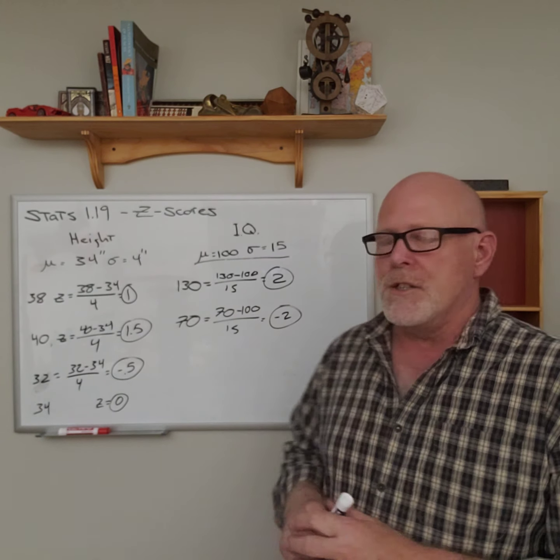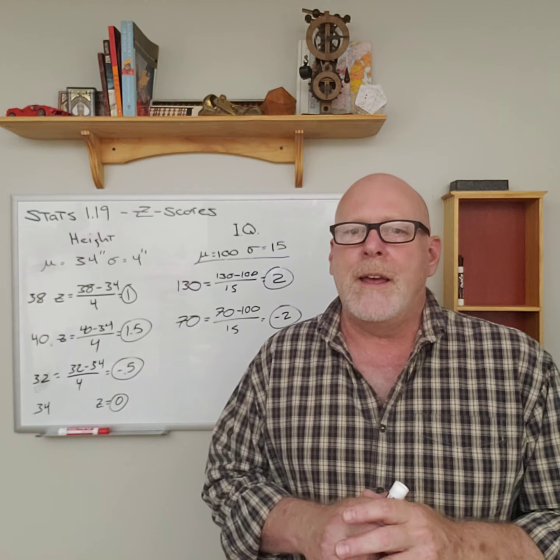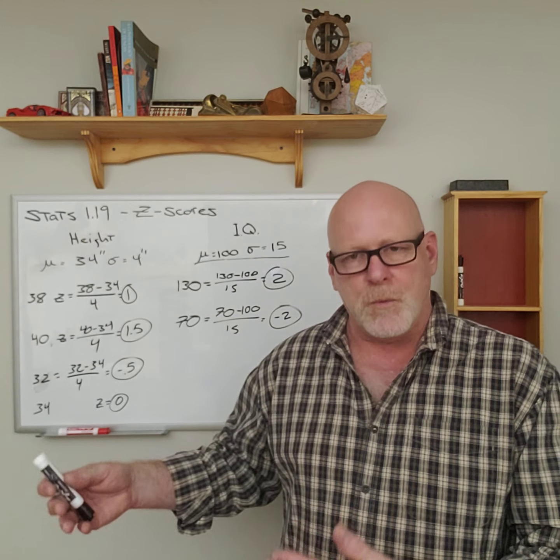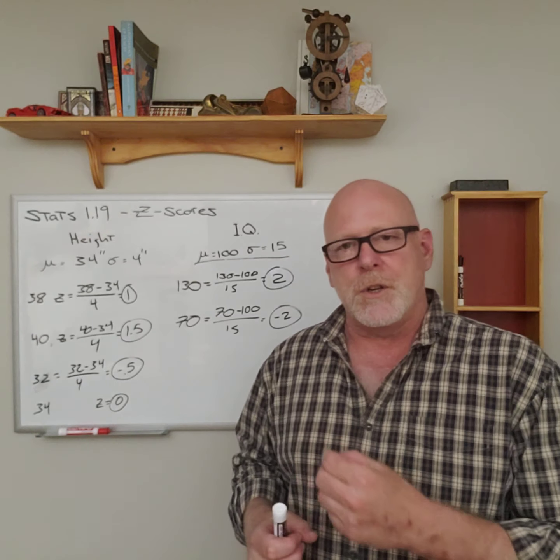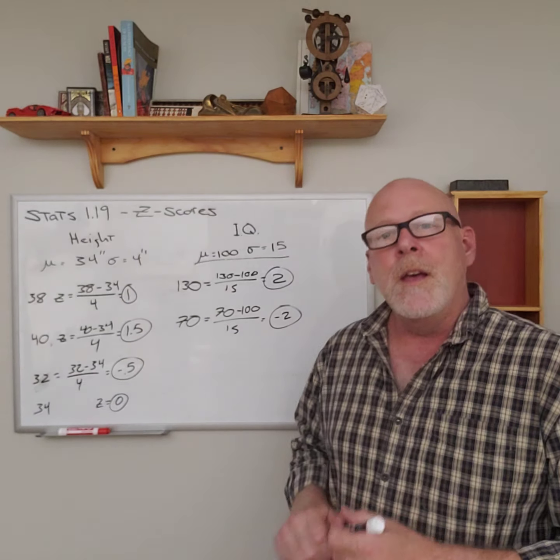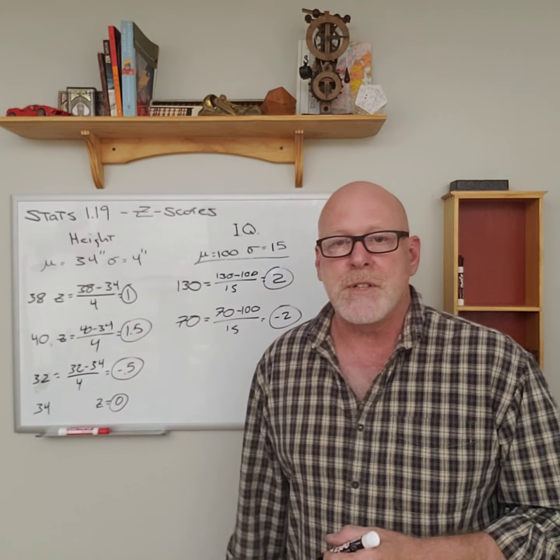And 70 is the breaking point between normal and mentally challenged. That's where the definition of mental retardation begins, at 70. So those are 2 very important IQs, at least in the education system. We will talk more about z-scores and percentiles next time.